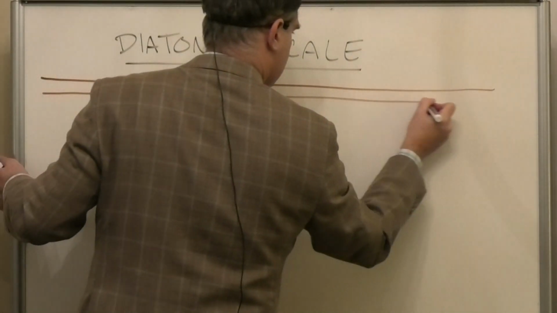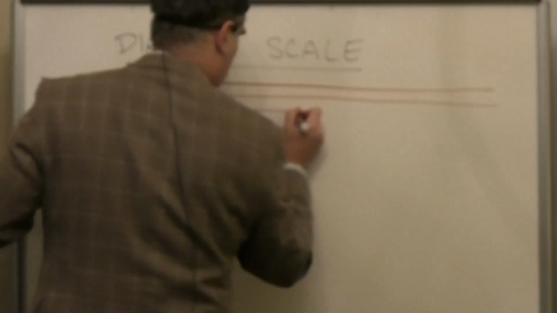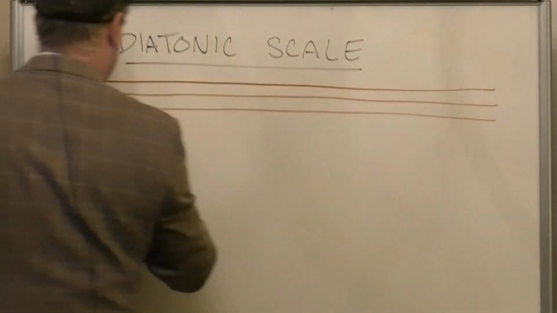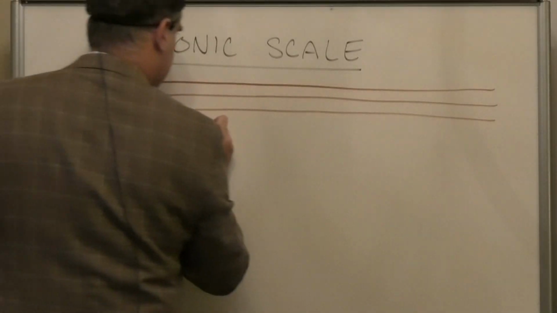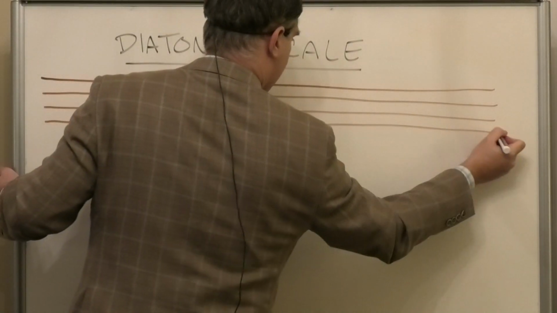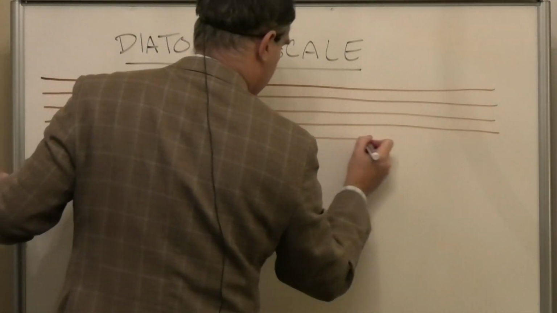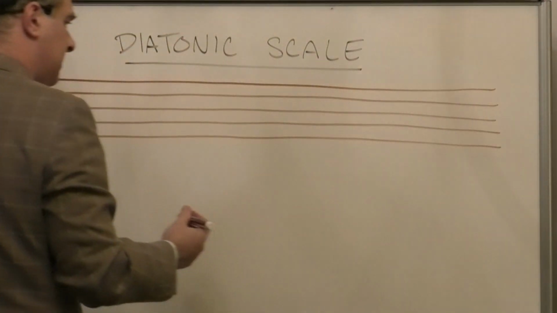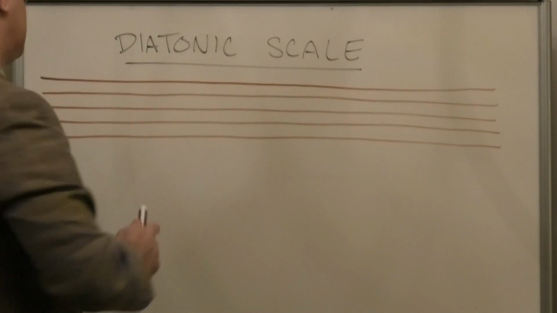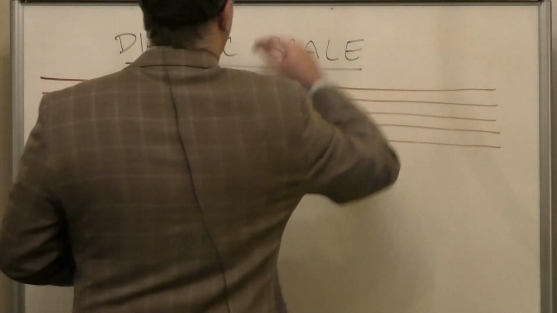Okay, here's 5 ledger lines. 5 ledger lines is called a what? A staff. S-T-A-F-F. And the plural of staff is staves with a V-E-S. Plural means more than one.